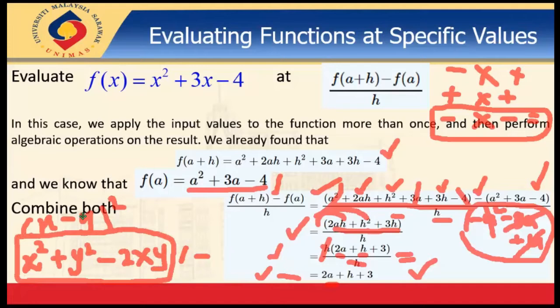And you can actually prove this formula if you replace x and y by some numbers, like last time we did 3 plus 5. You can put any values that you want, apply them, and you will get the final answer. So these two formulas, x plus y whole square and x minus y whole square, please remember.